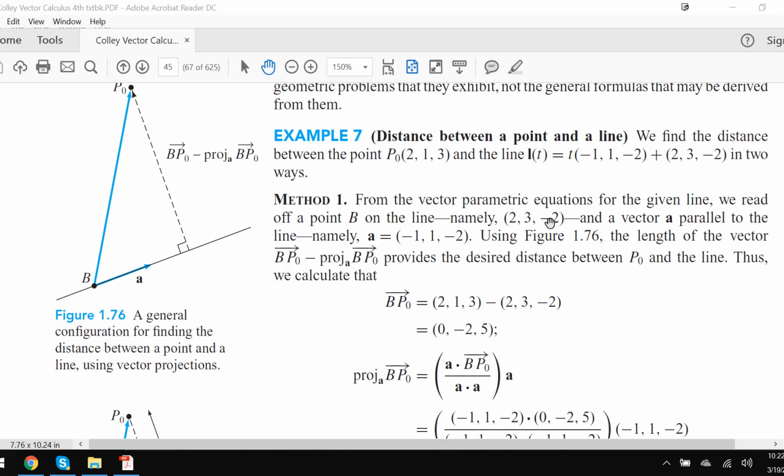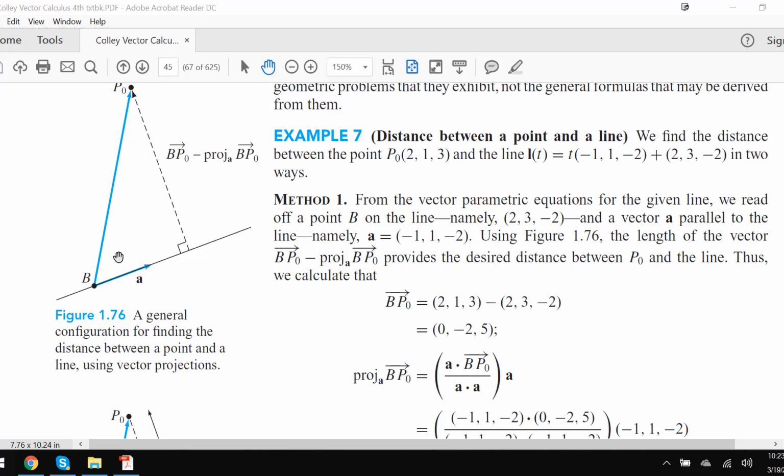line, namely (2, 3, -2), and a vector parallel to the line, so we use this vector. Using figure 1.76, we have this vector A parallel to the line, and we have this BP0 here.